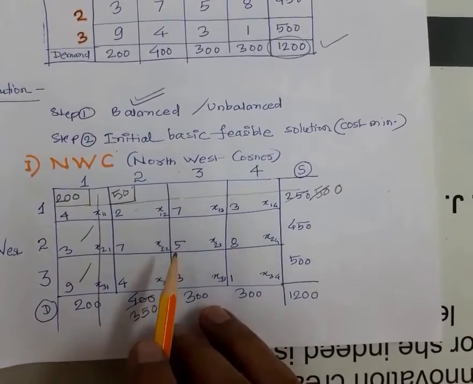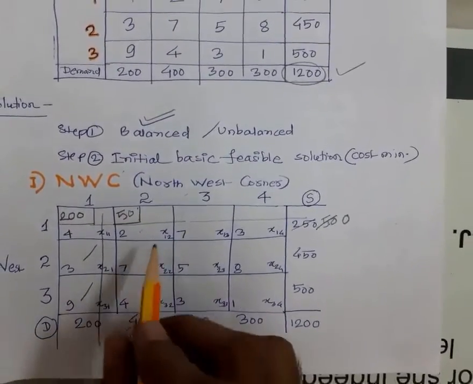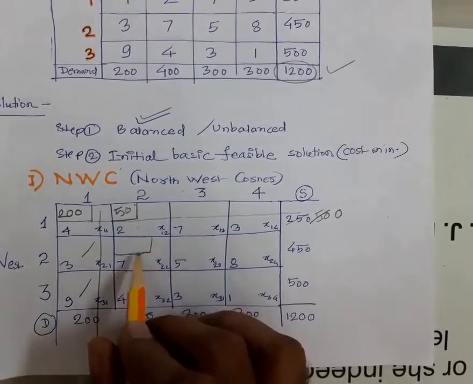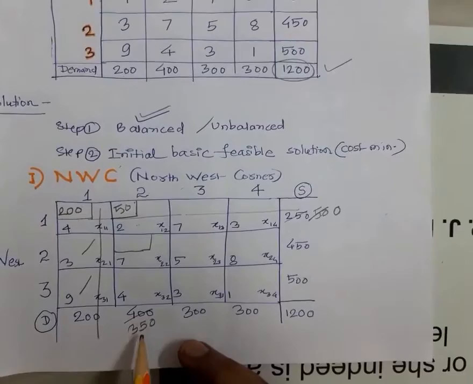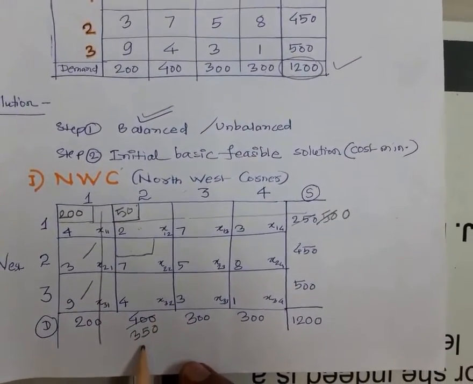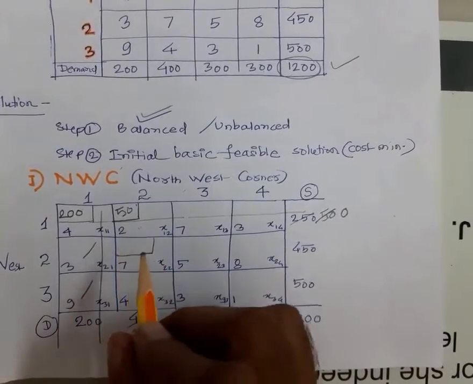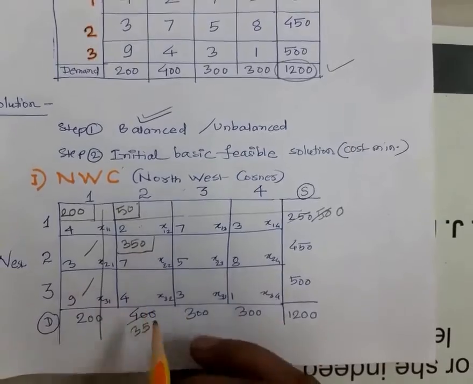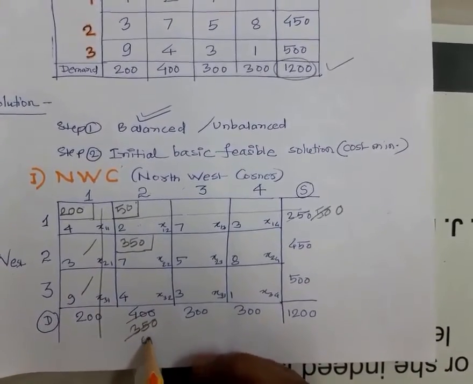Now we have to see the northwest corner. This is the northwest corner again. Just put a square mark and see how much we can allocate for this cell. We can allocate maximum 350 units here. So that just allocate it 350. This will become 0.